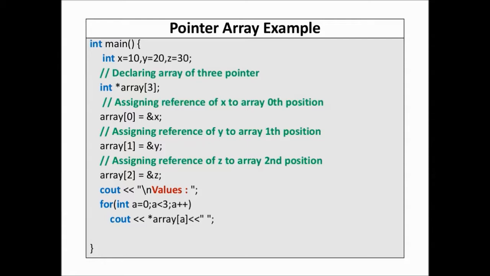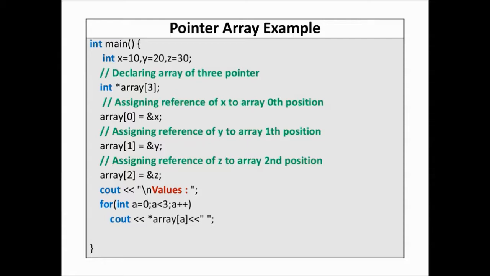This means this pointer array 0 contains the address of x, and this pointer array first position element contains the address of the second variable y, and the second position of the array contains the address of the third variable, that is z.